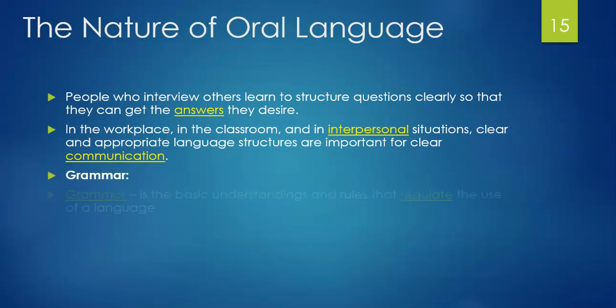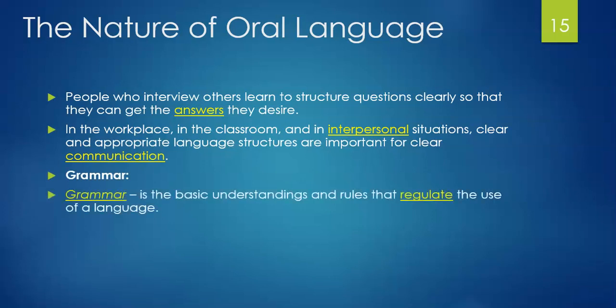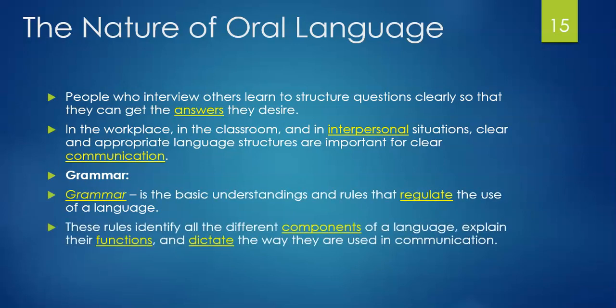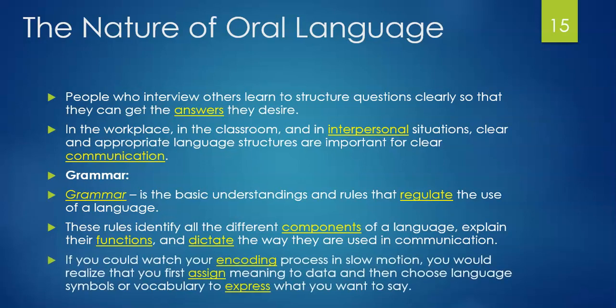Next, grammar. There's the definition, the basic understandings and rules that regulate the use of a language. These rules identify all the different components of a language, explain their functions, and dictate the way they are used in communication. If you could watch your encoding process in slow motion, you would realize that you first assign meaning to the data and then choose language symbols or vocabulary to express what you want to say.